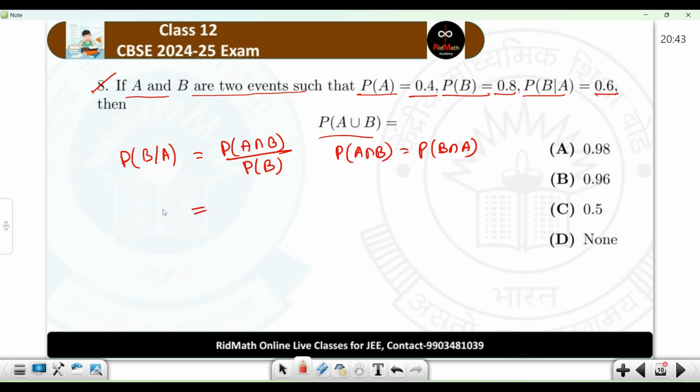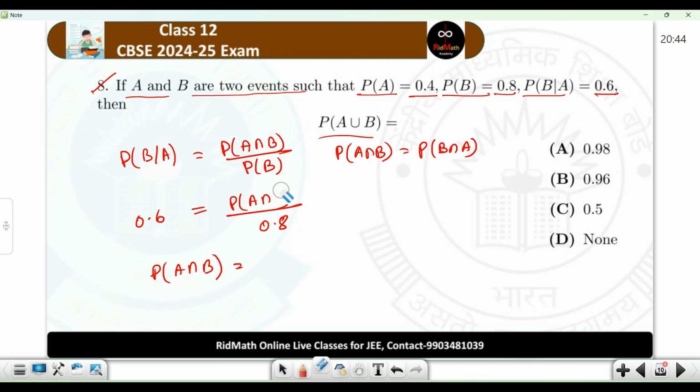So P of B given A is 0.6 and P of A intersection B we don't know, and P of A is 0.4.